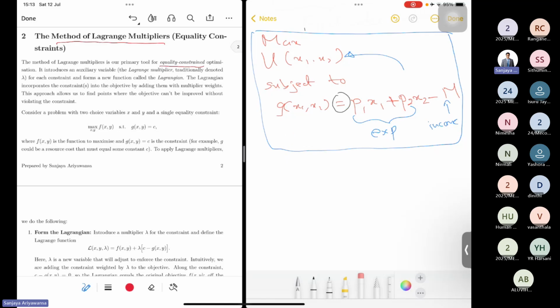There are also problems where your constraint can be an inequality like this. Let me rewrite it: P1 x1 plus P2 x2 is less than or equal to m.